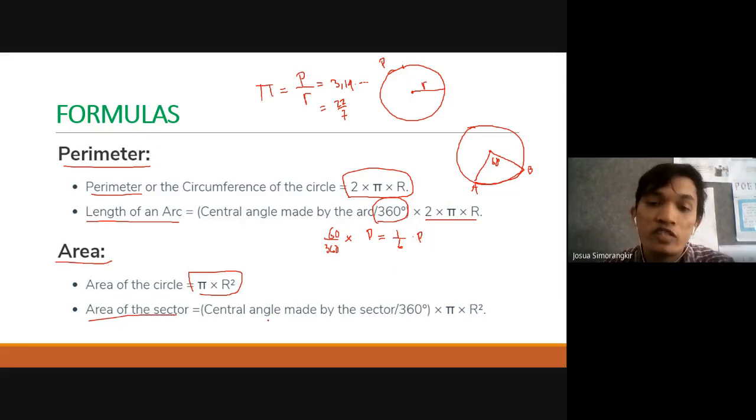It's similar to finding the length of an arc. You compare the angle of the sector with 360, multiplied by the whole area of the circle. I think that's all about my explanation of the properties of the circle.